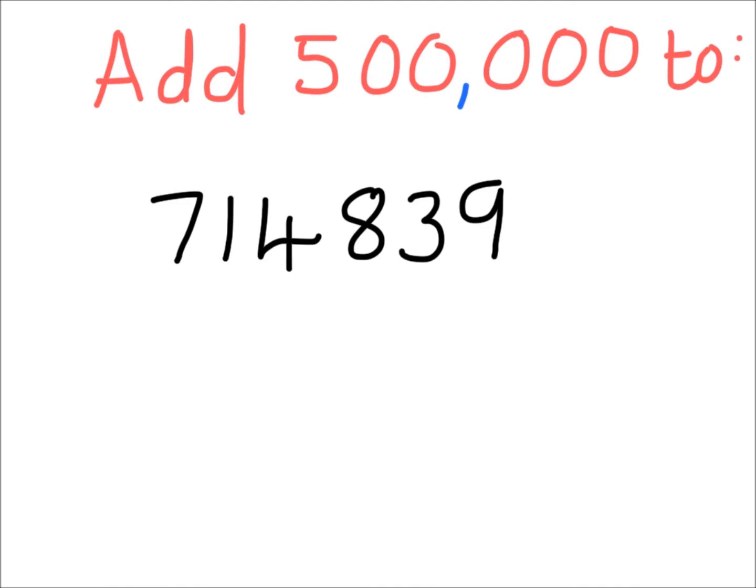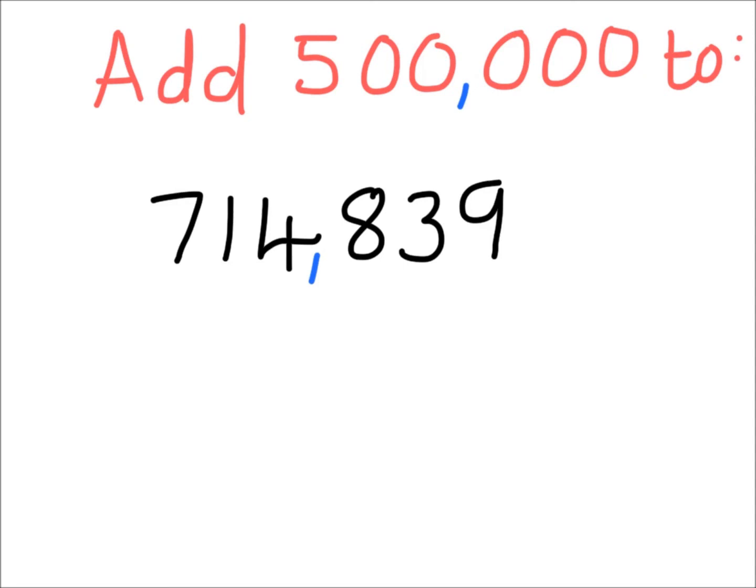I'm going to do the same with the number I've been given in black. 1 digit, 2 digits, 3 digits, comma, 1 digit, 2 digits, 3 digits, no further digits, no second comma needed.